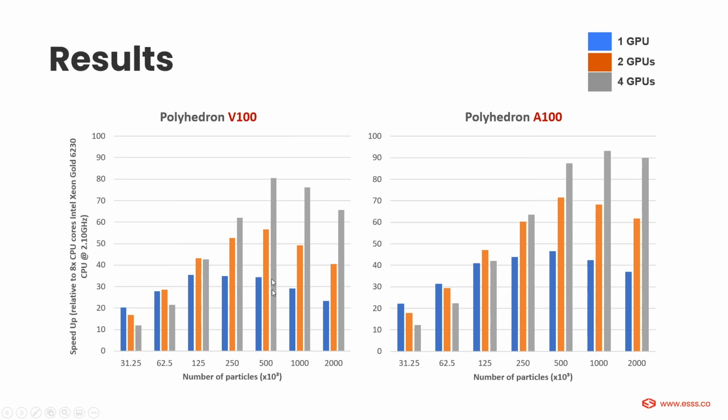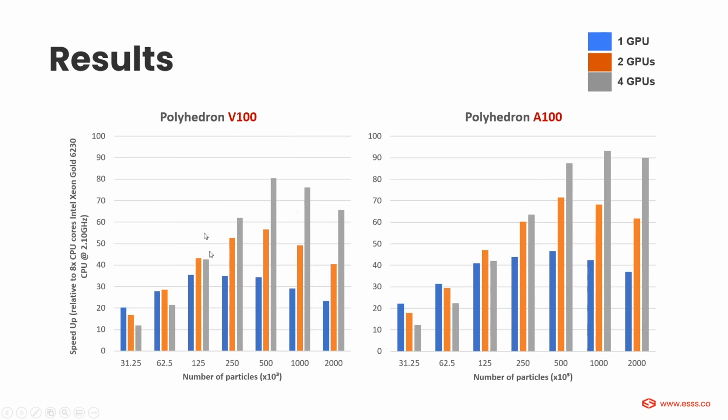So for the V100, the top GPU performance is at about 125,000 particles per GPU. As soon as you top that up, you start to overload the GPU, and your performance diminishes again. But of course this will probably flatten out at some plateau.